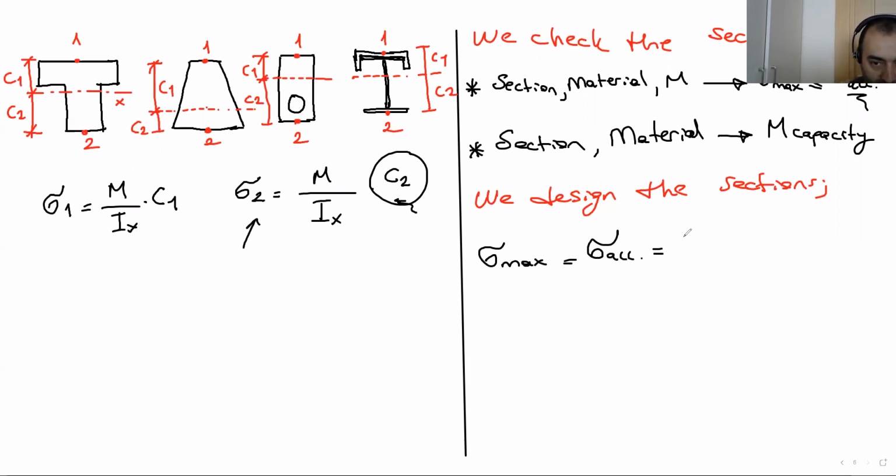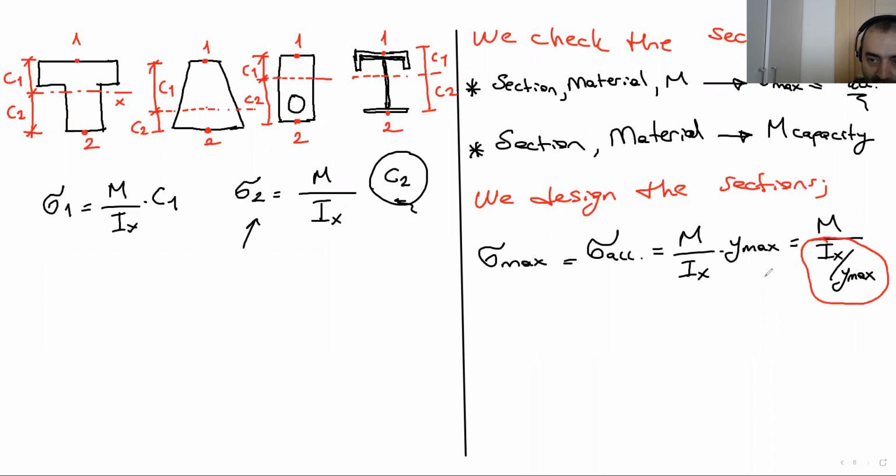And then what was our equation? M over Ix times y max. If we take down this y max like this, M over Ix times y max. What is this? Can you remember what this is? This is the elastic modulus of the section. This is Wx. You don't have to do it like this, but if you want, you can.